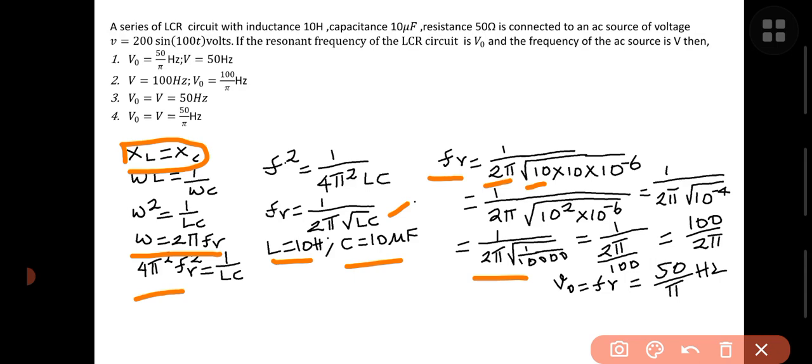Further simplifying, we get 100 by 2 pi, which gives the resonant frequency V0 equal to Fr equal to 50 by pi hertz. So we arrive at the conclusion that the resonant frequency of the LCR circuit is 50 by pi hertz. So option number 4 is the right answer.